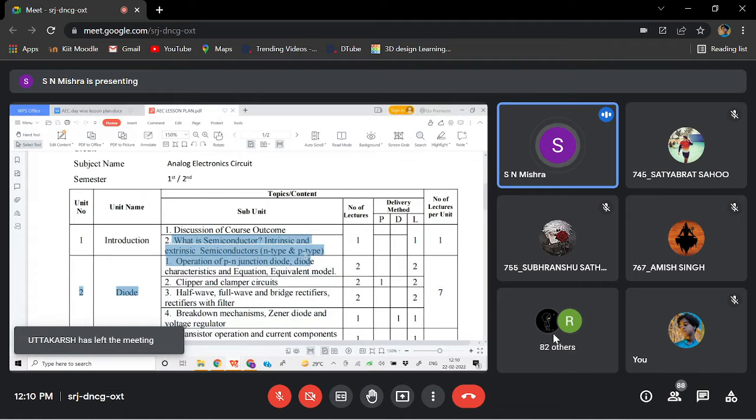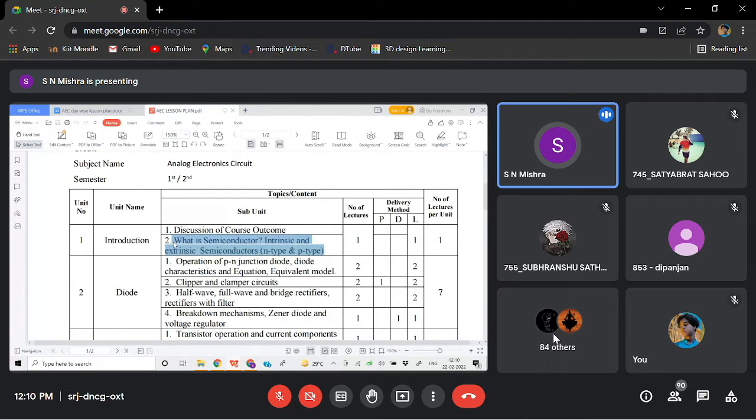I may take 3 to 4 classes to explain the semiconductor properties, different types of semiconductor, how we can distinguish between semiconductor, metal, and insulator, the different semiconductor properties, then currents like drift current and diffusion current. So maybe 3 to 4 classes I'll take for that. It is not in your syllabus, but because these are fundamental things, without a clear concept of them, diode and further topics are very difficult to understand.